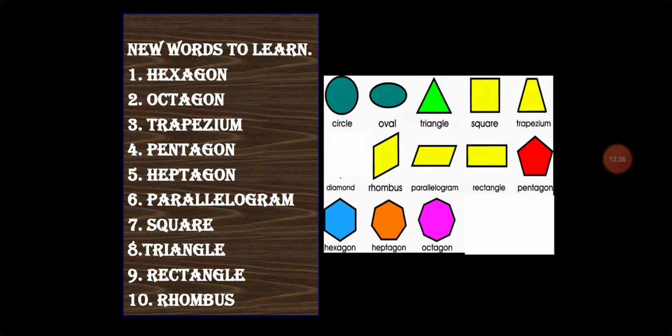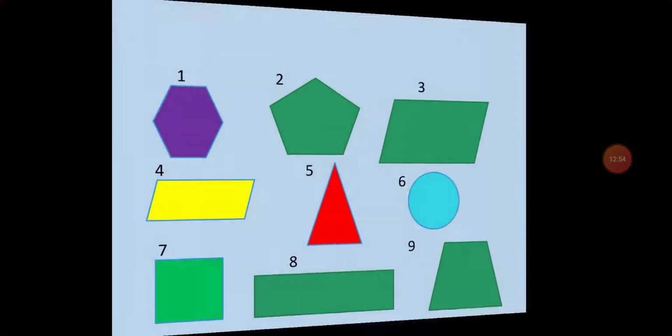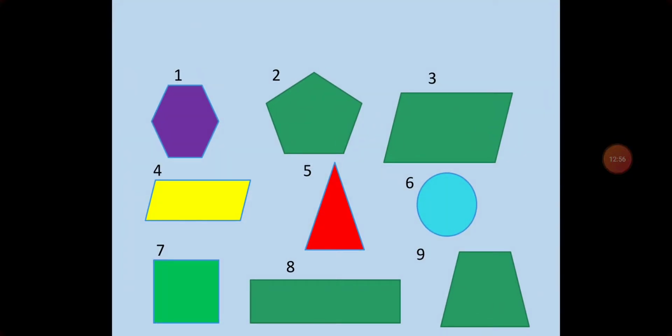Now you can see some pictures here as well. Now, all these shapes, they are what? They are 2-dimensional shapes, or for short, you can call them 2D shapes. All right? Okay.